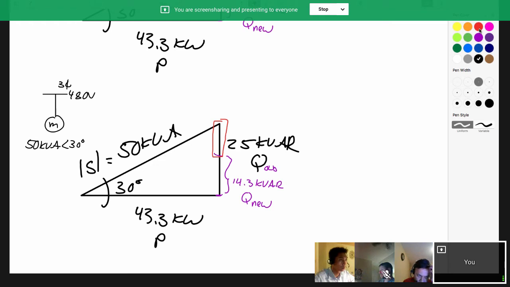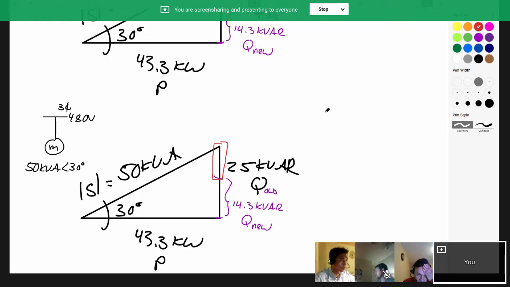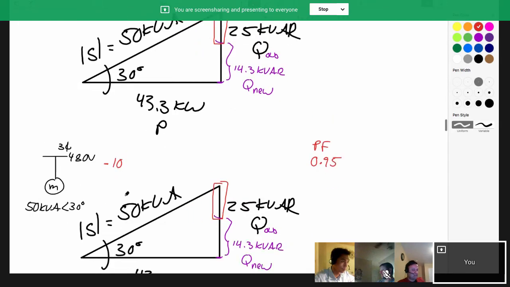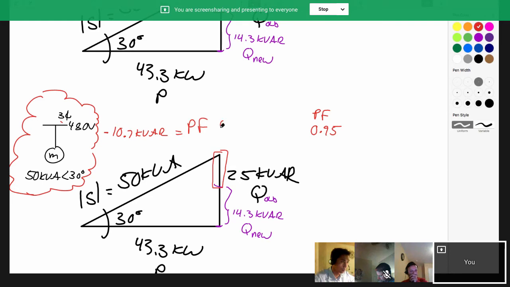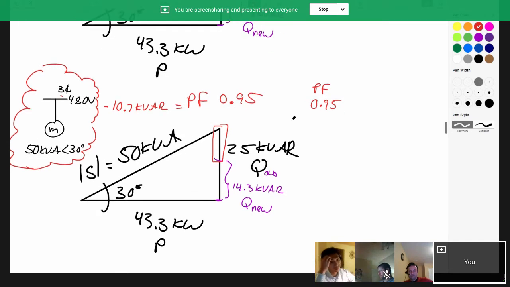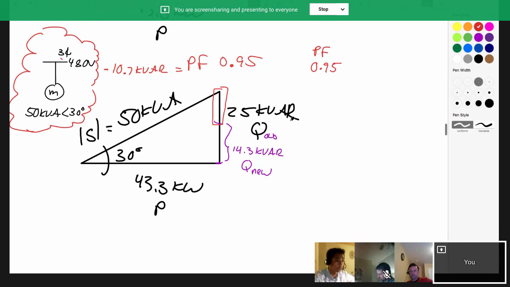If we want to get to that power factor of 0.95, I've got to subtract 10.7 kvar from that system. Does that make sense to everyone? Yep. Good.